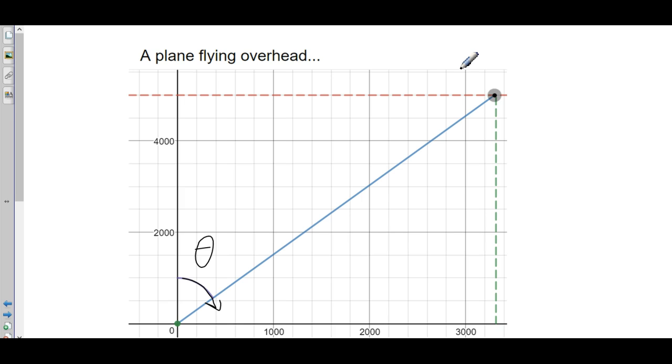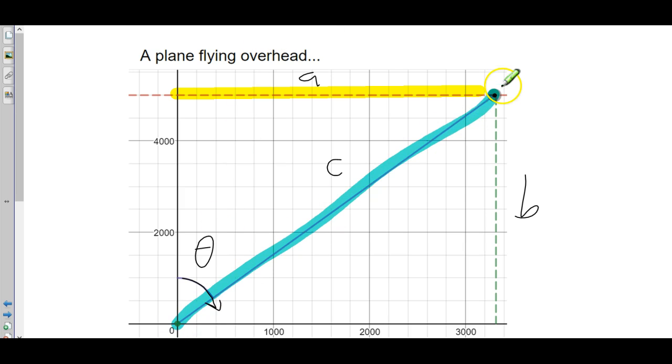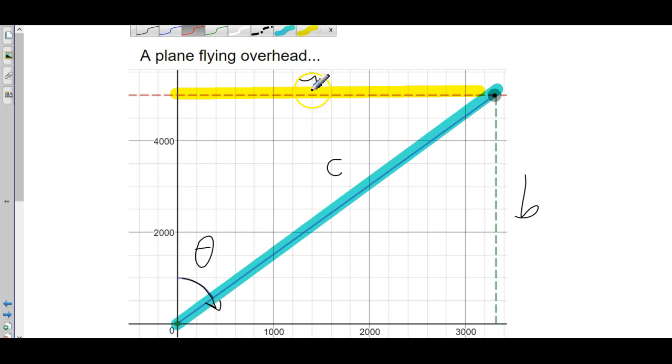Okay, well, again, I called this A, I called this B, and I called this C. In this little triangle right here, I could also move this A from the bottom up to the top, and now I've got two sides of a right triangle, and I know their values. I know a trigonometric function I can set up that deals with these values.